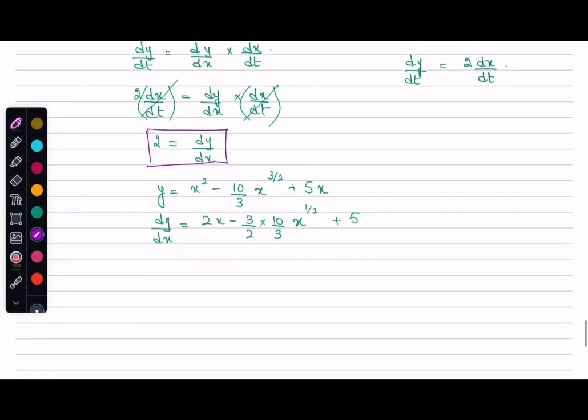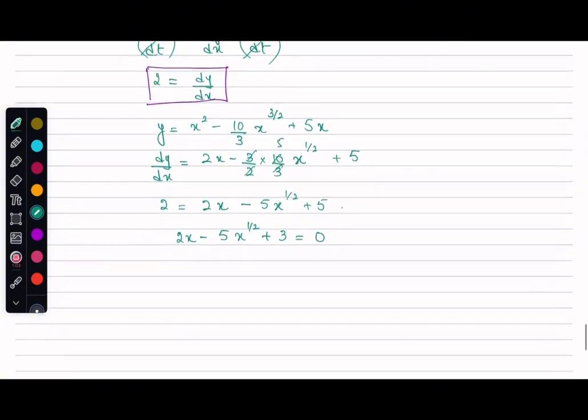So I will be substituting this dy by dx as a 2 here, and then I will be left with 2x minus 5x to the power 1 by 2 plus 5, since the 3 gets simplified and the 2 gets simplified. Further solving it, I can say it's 2x minus 5x to the power 1 by 2 plus 5 equals 2. The 2 from the left side taken to the right side gives me 5 minus 2, that is 3. So I should say it's 3, which shall be equal to 0.